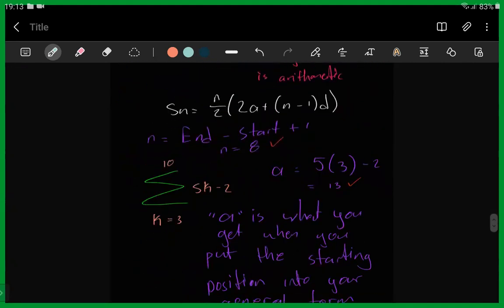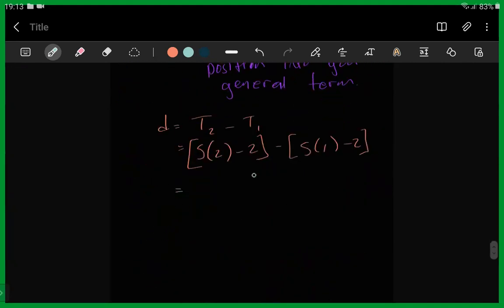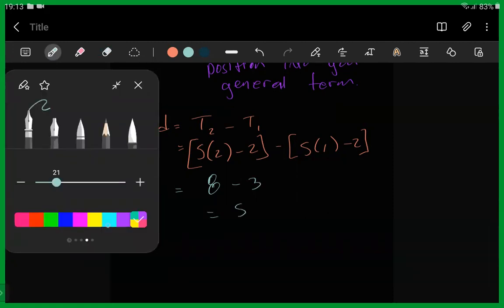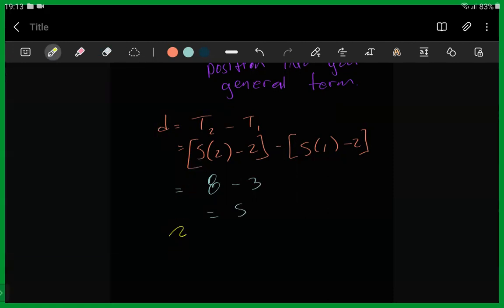So here we're getting 10 minus 2, right? Which is 8. Here, this is 5 minus 2, which is 3. So this is 5. That's the value of D. If you had used positions 3 and 4, like you said, then you would have had 5 with a 4 here, and 5 with the 3 here.